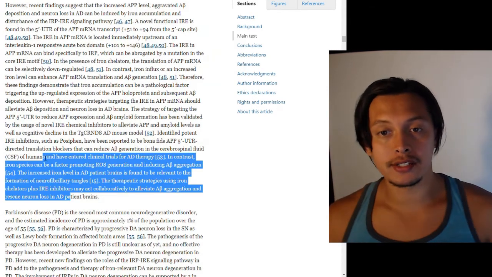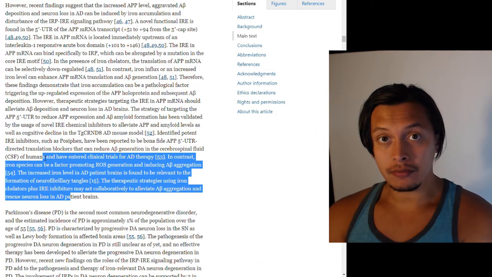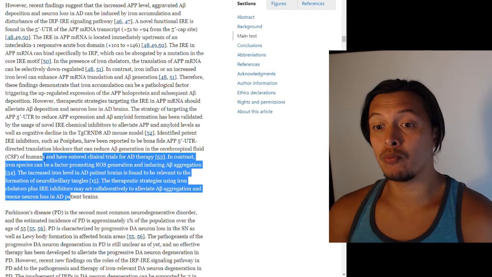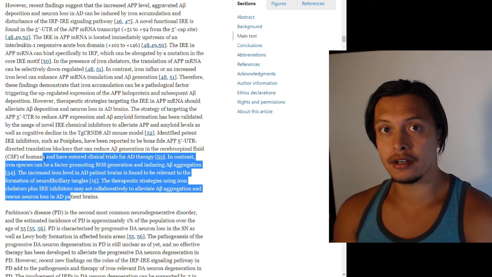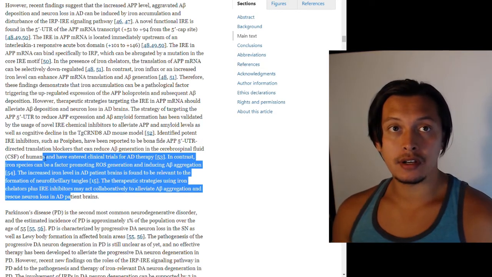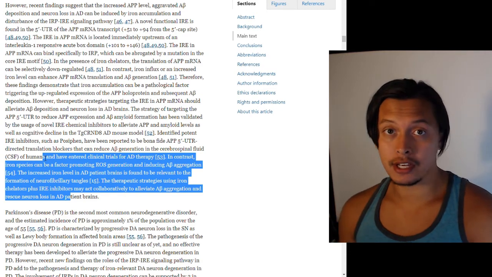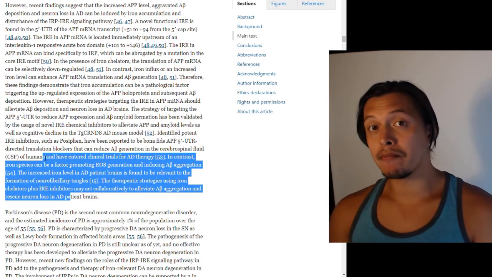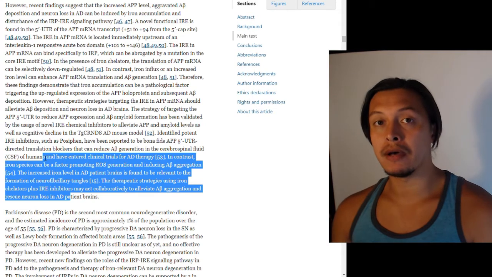Yeah, so one of the things that I want to mention is we want to have targeted treatment. We don't want to just target all of the iron responsive elements in your brain, because that most likely wouldn't be benefiting you.